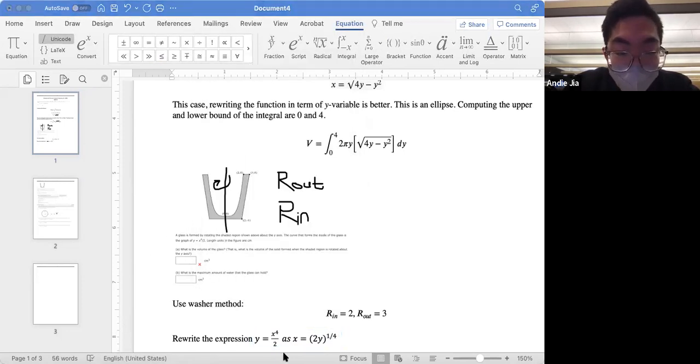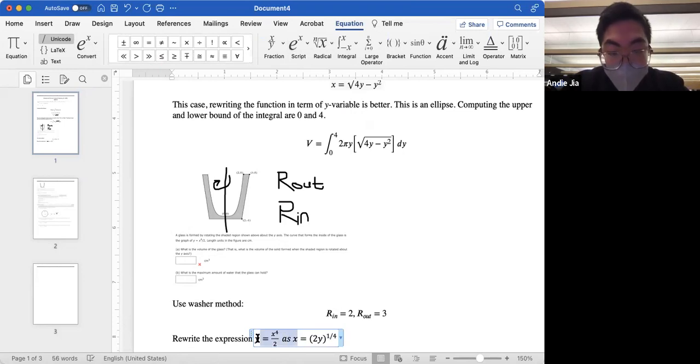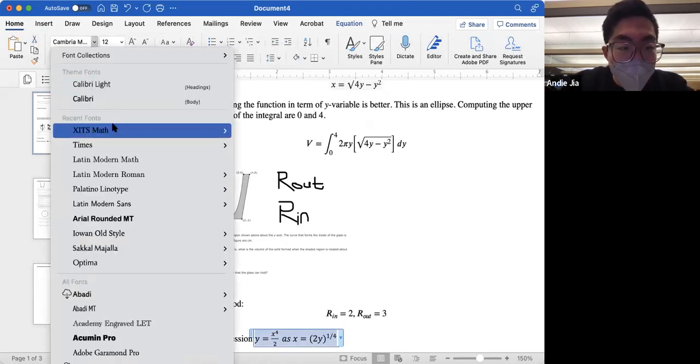And this is the integral using the washer method with dy.